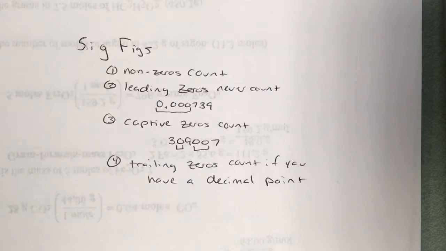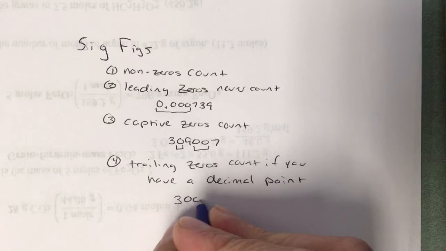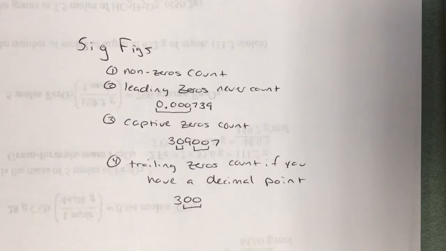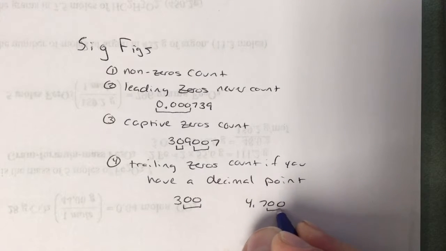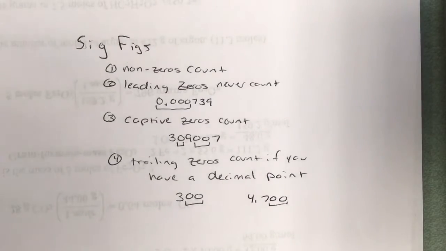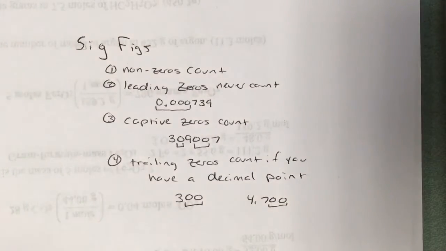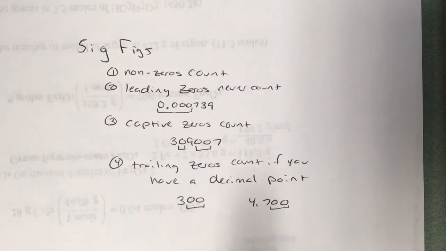What makes them trailing is the fact they come after the last non-zero. So those are trailing zeros because they come after the 3, the last non-zero in the number. And those are trailing because they come after the 7. Doesn't matter what side of the decimal point they're on. That's not what makes them trailing. What makes them trailing is that they come after the last non-zero number.